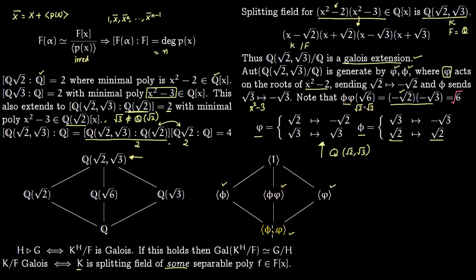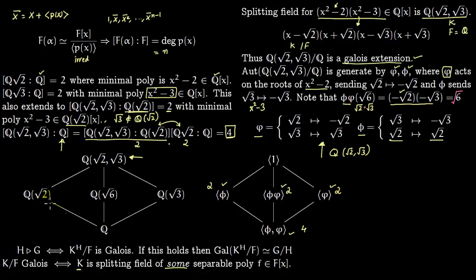So since it's a normal subgroup of this, this is of degree 4. You know that the degree of this is 4, because this is the group which fixes the rationals. So you have 4 here, and you can check all of these have degree 2.